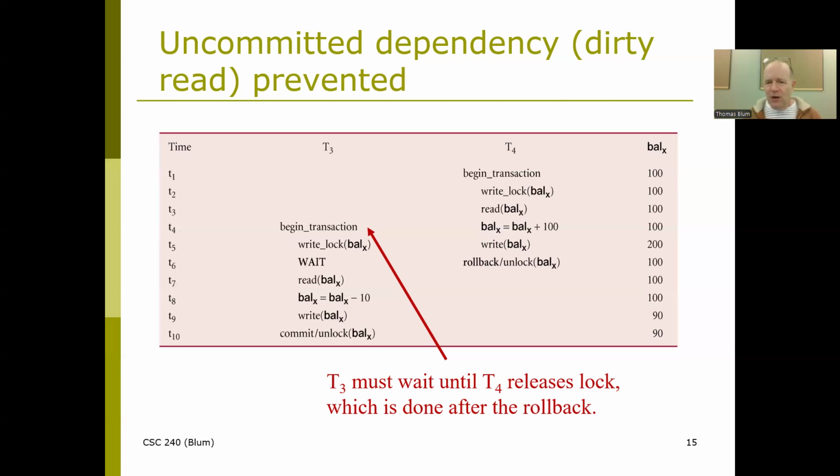So we start that transaction, we lock it, we read the balance, we add the 100, we go to write it, and then we say, no, no, no. And we roll it back, and we take that 100 back out, and then we start the transaction on the other side.